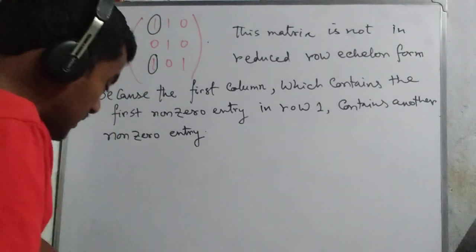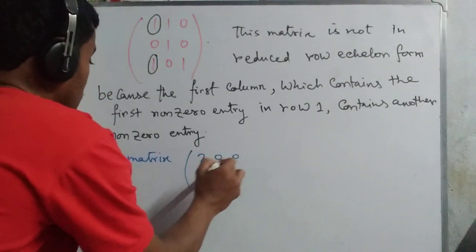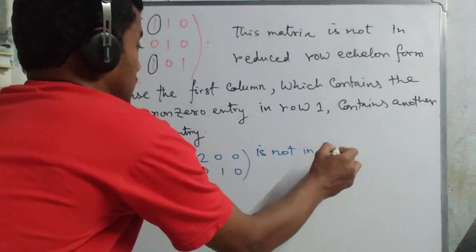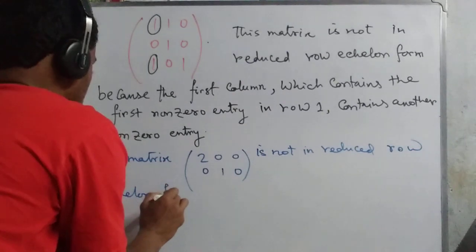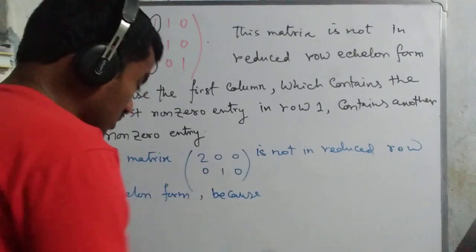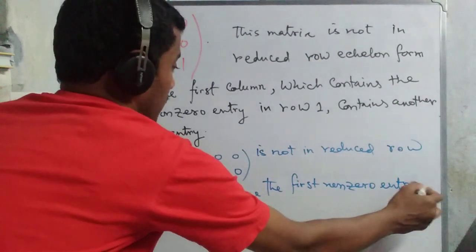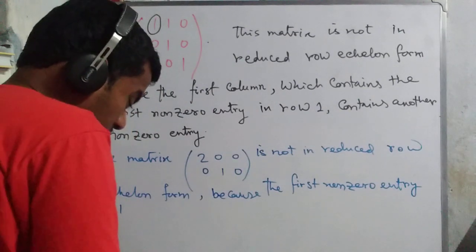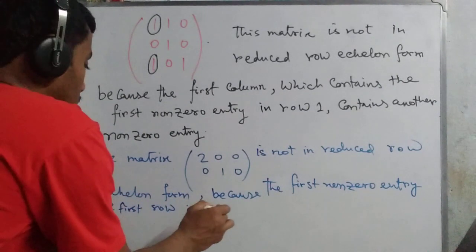Now further discussion. Here the matrix with rows 2 0 0 and 0 1 0 is not in reduced row echelon form because the first non-zero entry of the first row is 2, not 1.